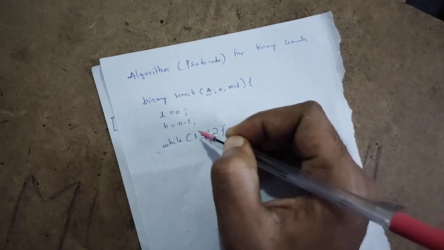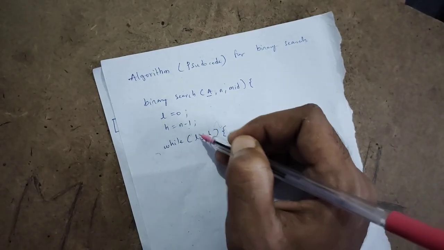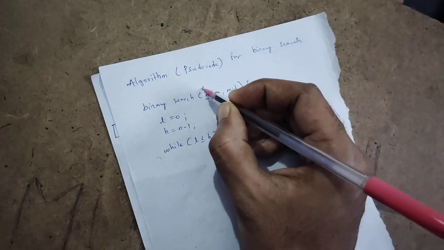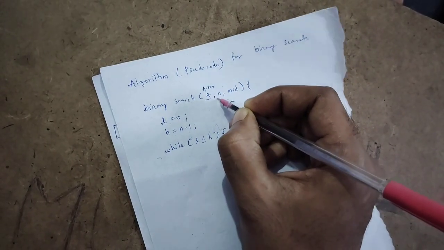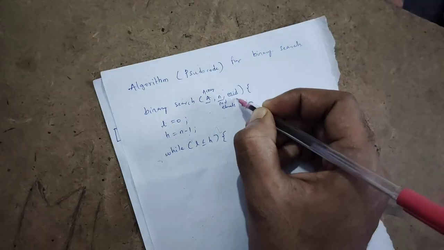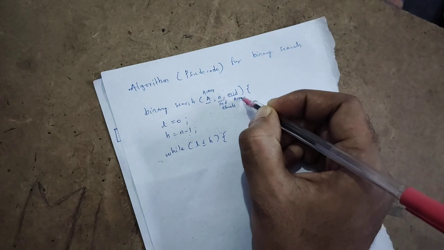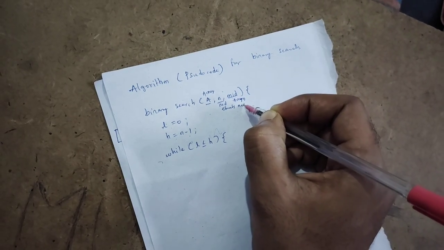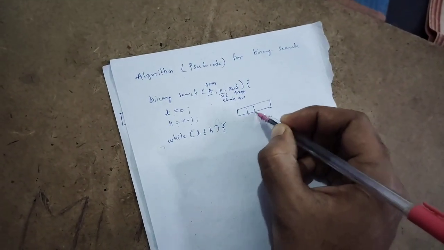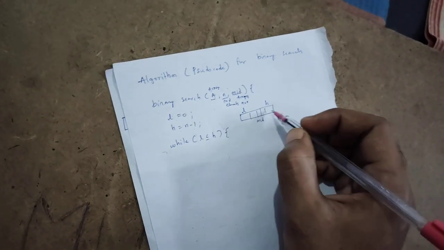This array has n number of elements. So here the L, here the H, here the mid. Assume it like that.